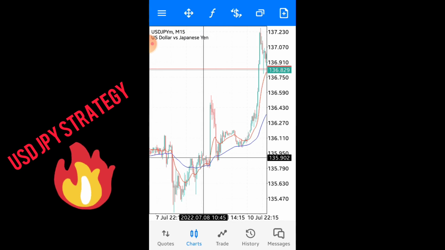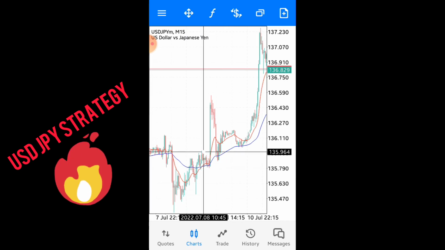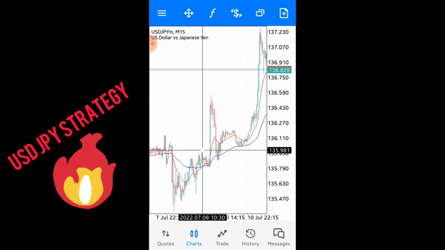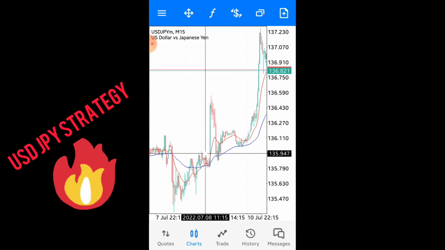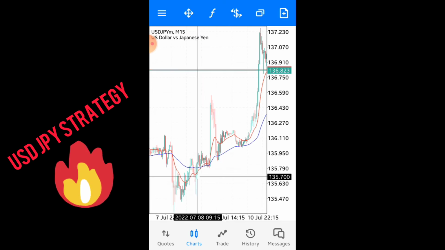So let's say the cross happened around that area. Now you place a buy around here. This is where your stop loss is normally supposed to be, below the cross.